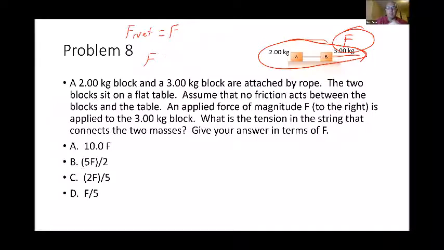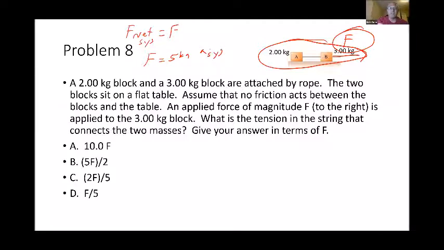In this case, we're talking about the net force acting on the system. This F is acting on the whole system, which means the system net force is equal to the mass of the system, 5 kilograms, times the acceleration of the system.